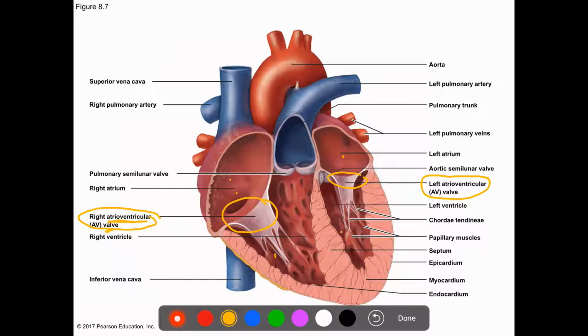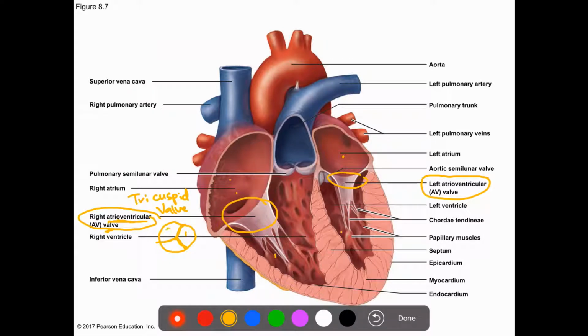Now, we have other names for them. The right atrioventricular valve is called the tricuspid valve. Tricuspid because it's made out of 3 valves or 3 flaps.